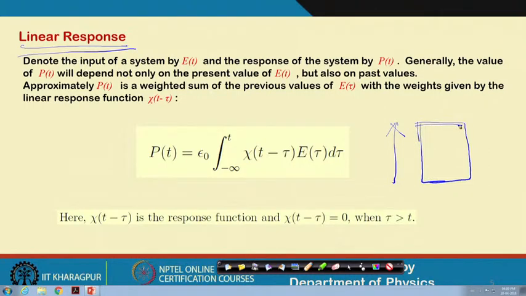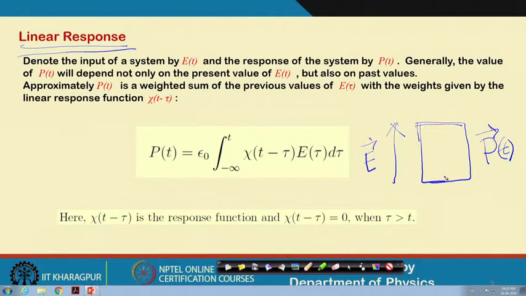Here the response is in terms of polarization. I launch an electric field, which is a vector, and this is my cause, and as a result I get the polarization, which is the effect. So, launching the electric field is the cause, and I get some kind of polarization inside the material, which is the effect.